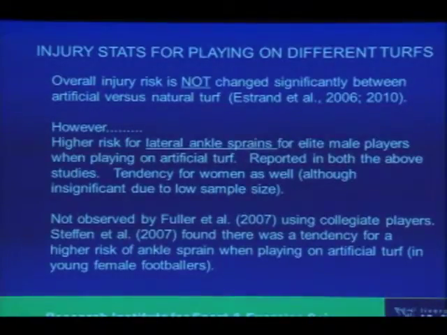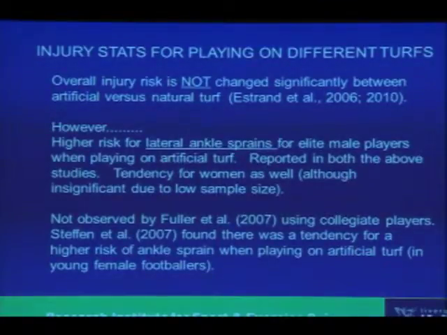However, of the multitude of variables that he looked at, there was one that came out as being consistently higher risk on football turf, and that's lateral ankle sprains. For elite male players when playing on artificial turf, that was coming out in both those studies. Also, there was a tendency for the women as well, although not statistically significant.